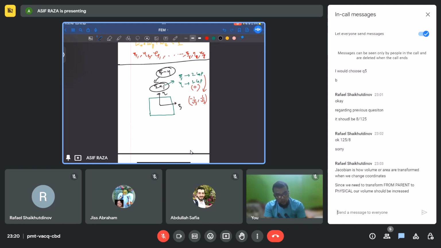The first Gauss point location in the xi eta coordinate system is minus 1 by root 3 comma 0, and the second Gauss point is plus 1 by root 3 comma 0.